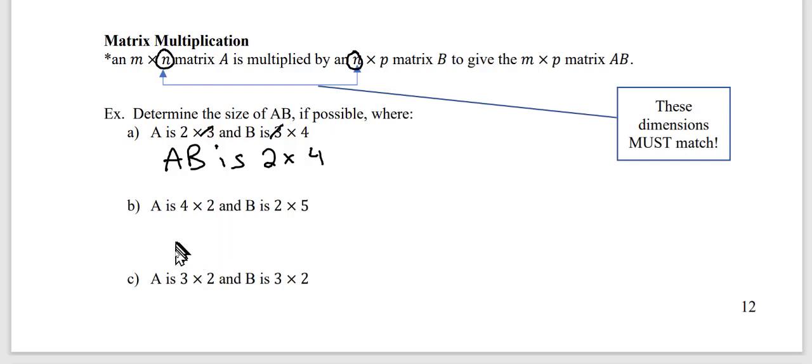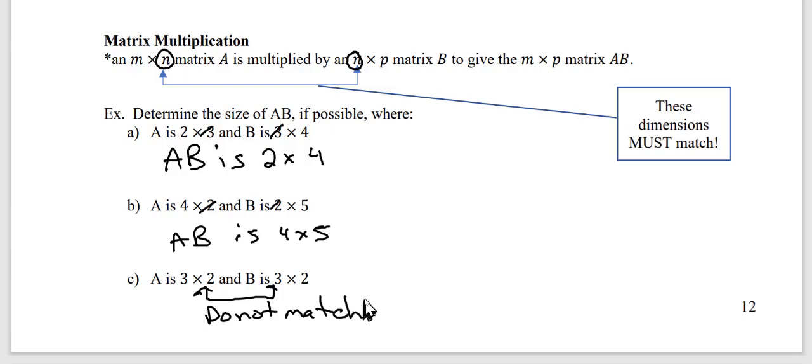For this one, if we want AB, 4 by 2, 2 by 5, the 2's match, our result is 4 by 5. Here, A and B are both 3 by 2. These do not match. That means AB does not exist.